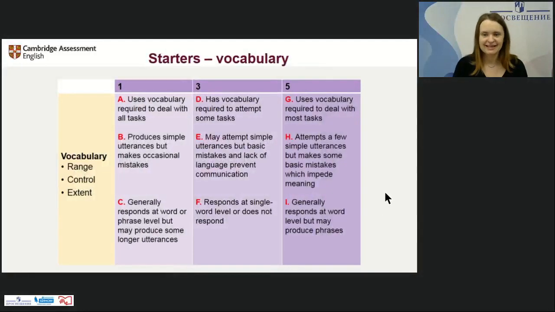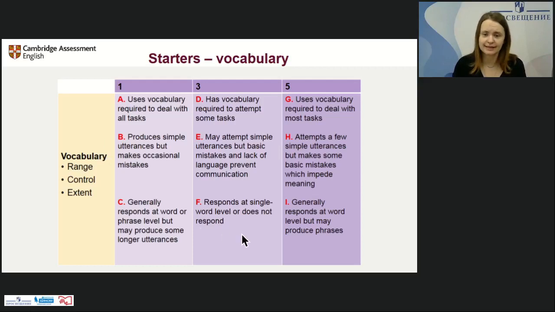Okay, so another task for you. It's not only me speaking today. So when we assess starters vocabulary, we're not going to look through all of the criteria. Unfortunately, I don't think we'll have time for that. But you can find all the information in handbooks and try to look deeper and try to change the mindset when you're just counting the mistakes, but try to see what students can do. And if we speak about vocabulary, we're going to have an example of this.